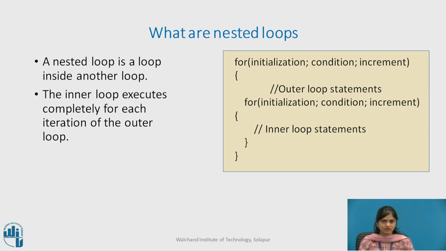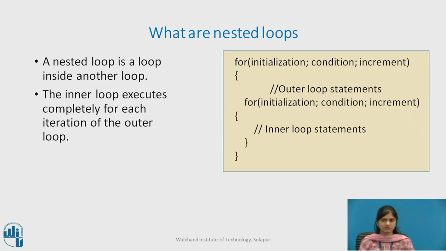Once the inner for loop condition becomes false, the program will go to the increment or decrement operation of the outer for loop. After that operation, again the condition for the inner for loop will be checked. As long as the condition for the outer for loop is true, the inner loop will get executed.